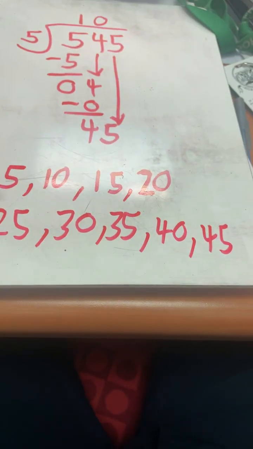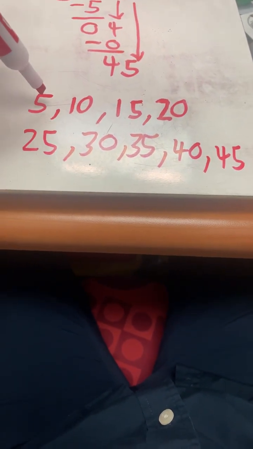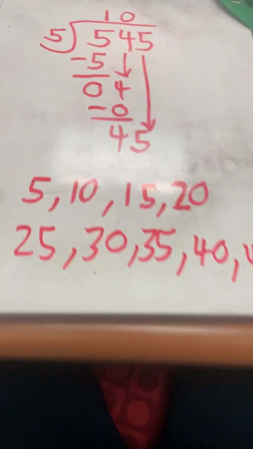And 45, 9 groups of 5. So I ended up counting by 5, 1, 2, 3, 4, 5, 6, 7, 8, 9 times.